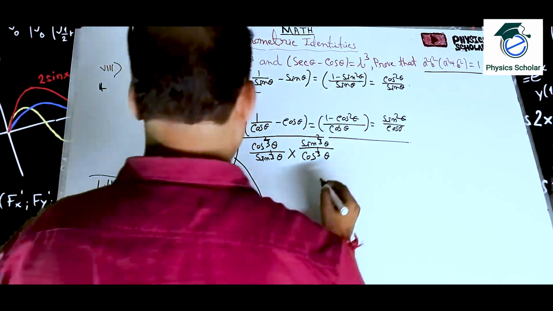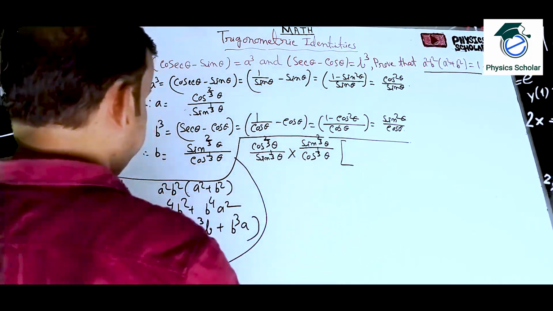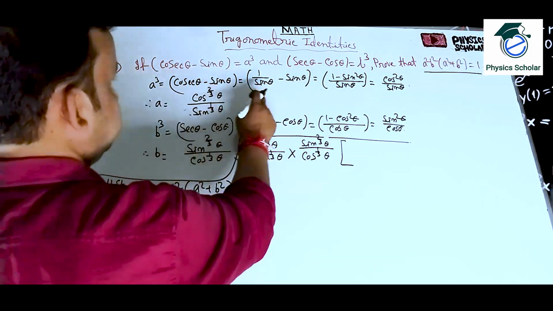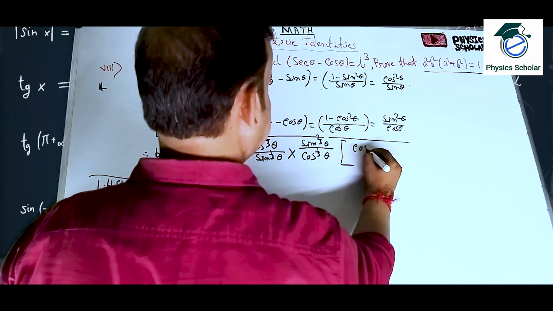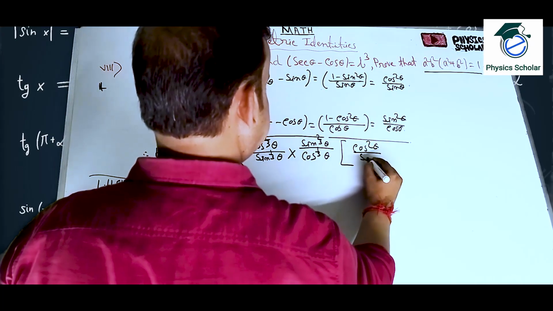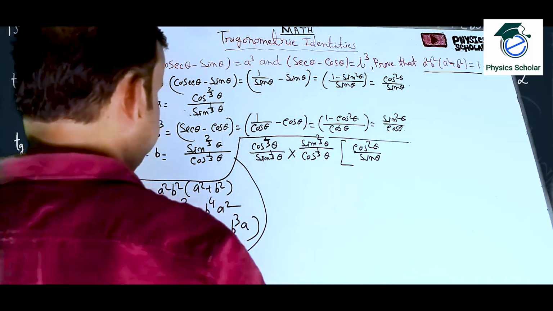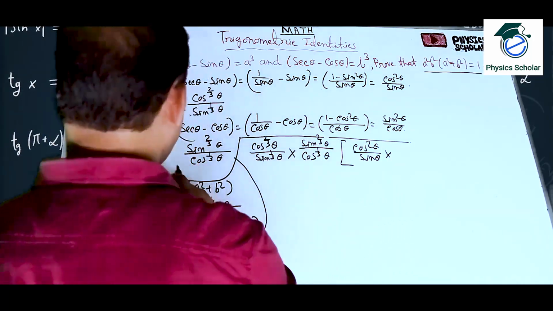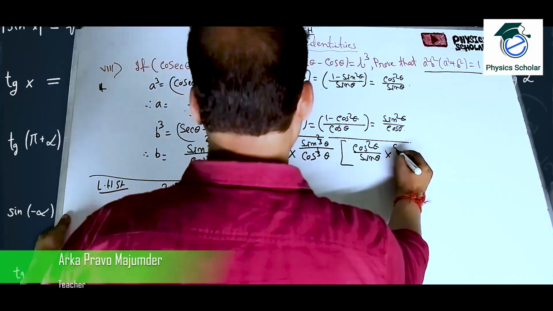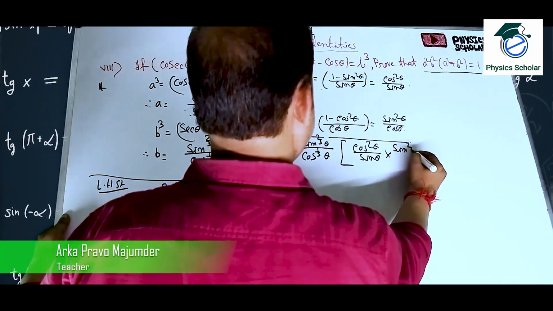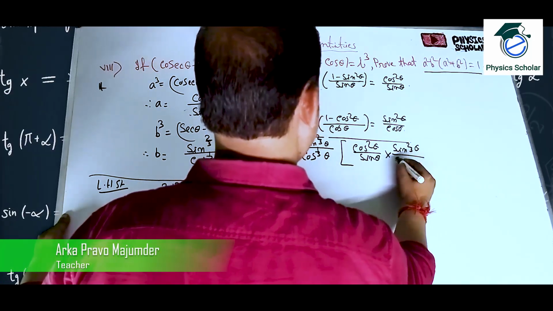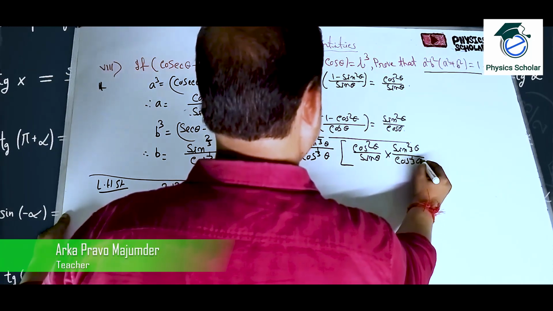Clear? Into what is the value of a cube? a cube means cos² θ divided by sin θ, into what is the value of b? sin to the power 2/3 θ divided by cos to the power 1/3 θ. Clear?